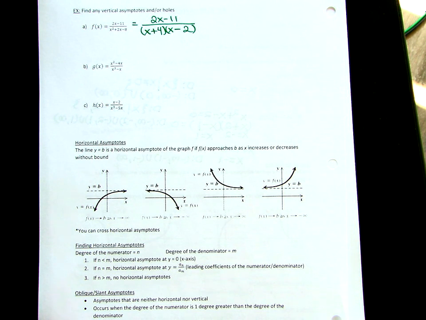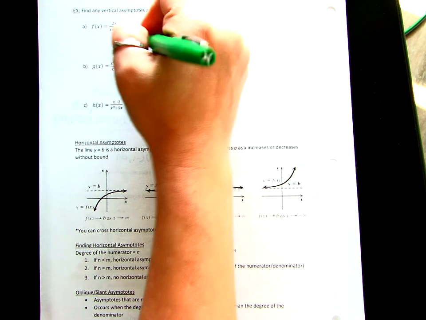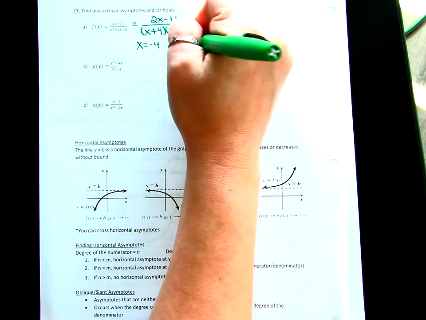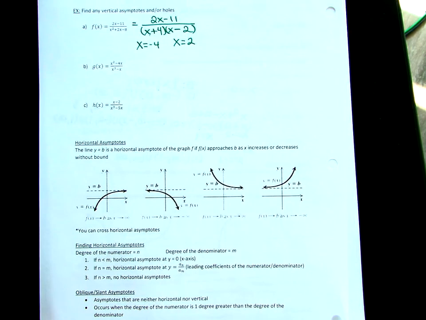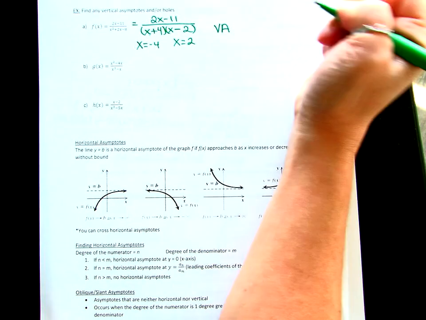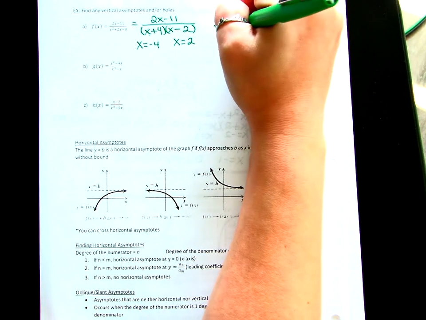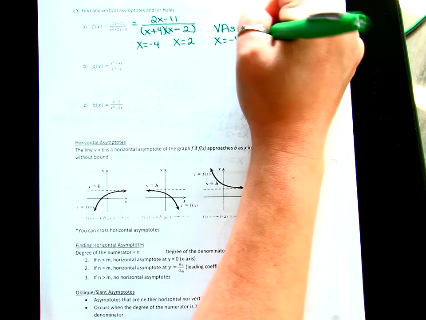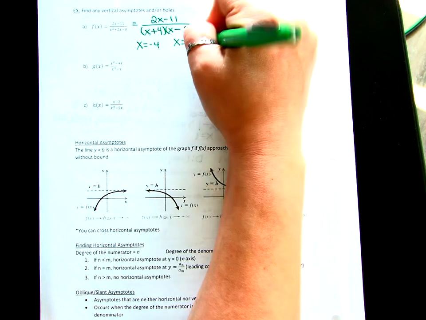So now if I'm finding my vertical asymptotes, I'm going to look for my trouble spots. My trouble spots happen at x equals negative 4 and x equals positive 2. That's where my vertical asymptotes happen. I shorten that to VA. So that I have a vertical asymptote at x equals negative 4 and x equals positive 2.